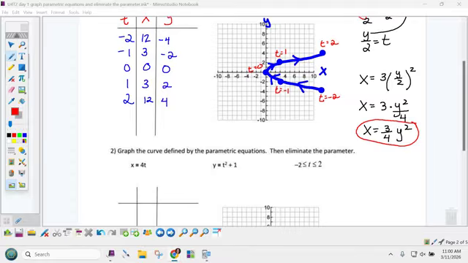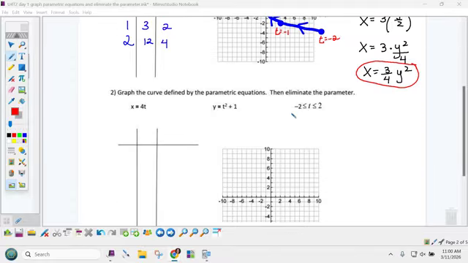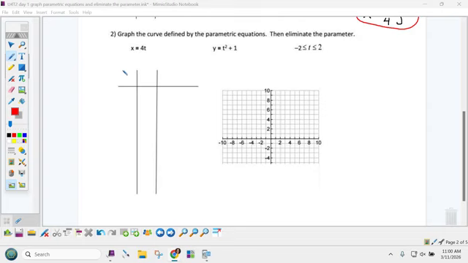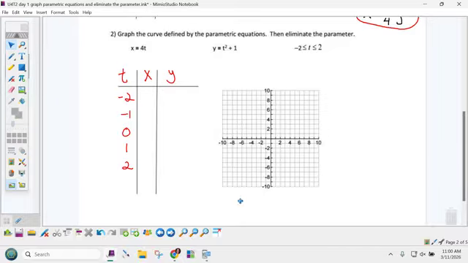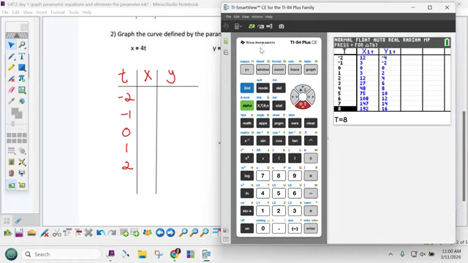All right, let's try number 2. Our input variable is t, output of x, output of y. The t's are between -2 and +2. Okay, now we got to go to our calculator.